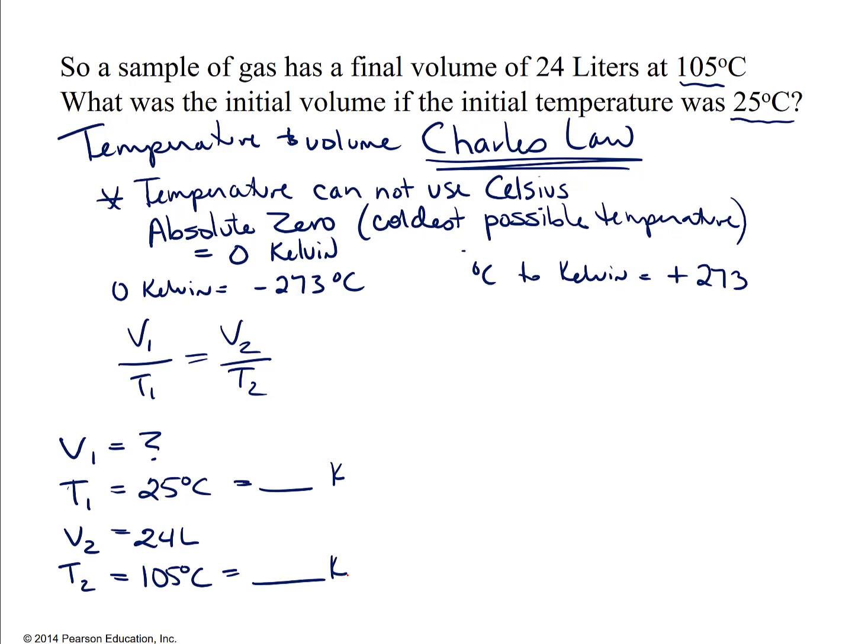So 25 plus 273 is 298. 105 Celsius plus 273 is 378. I think I got that right. Okay, so those are my temperature numbers.